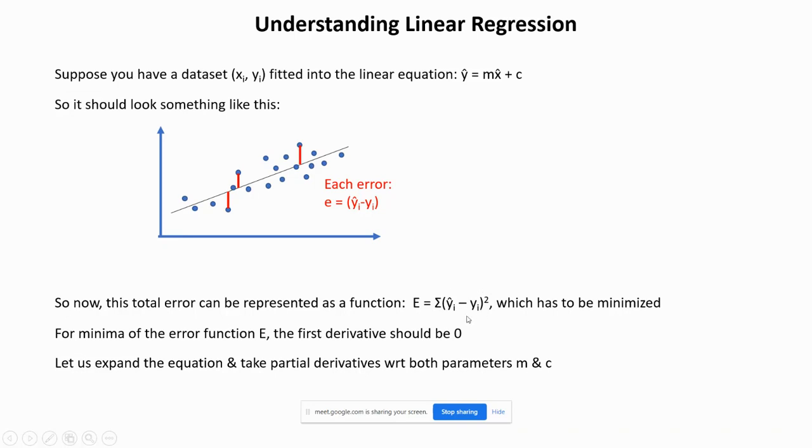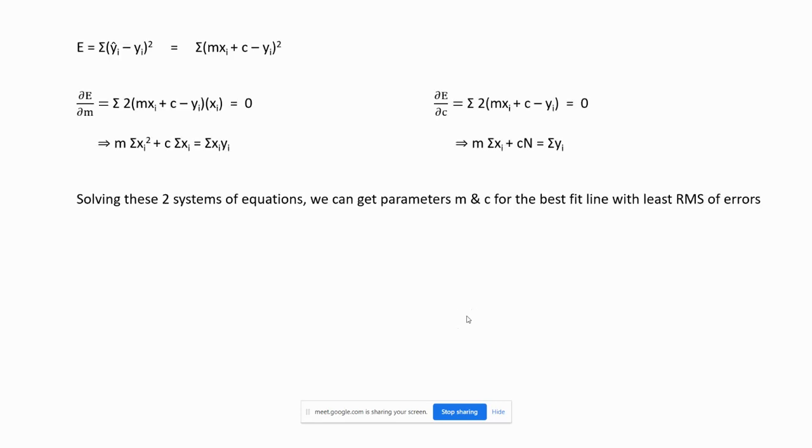If you see, this is actually root mean square, called RMS. You need to minimize this root mean square. I forgot to put a square root, but anyway, if you minimize this function, the square root will automatically be minimized, so you can ignore that.